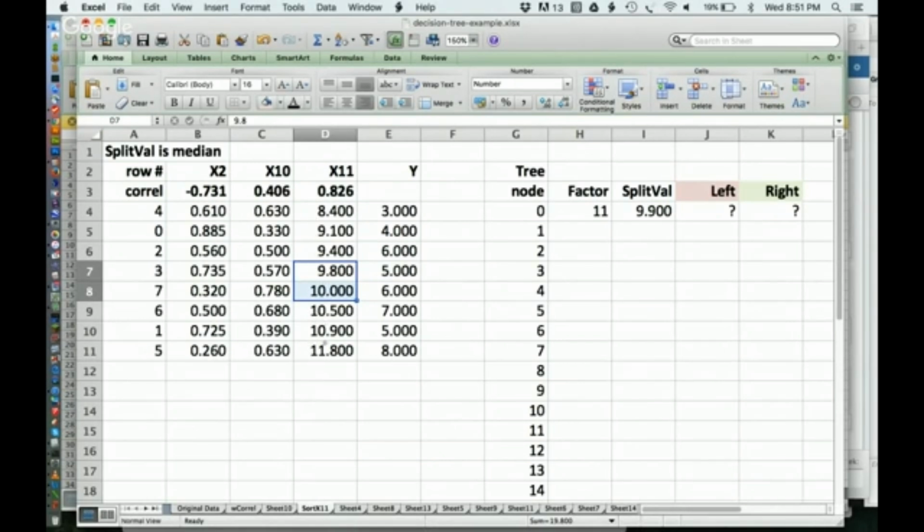It turns out that you don't explicitly have to do this in your program because you can do that comprehension method I mentioned a moment ago. But anyways, if you sort, it becomes clearly evident what the median value is. You just want the particular value that'll split the data in half. So we go from 9.8 to 10.0, so our split value is 9.9.